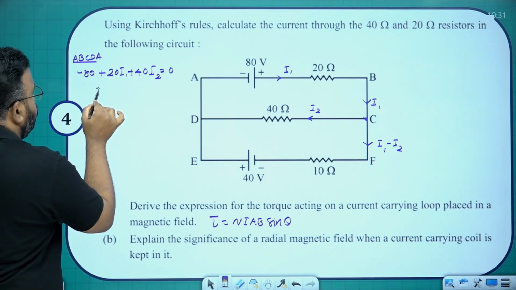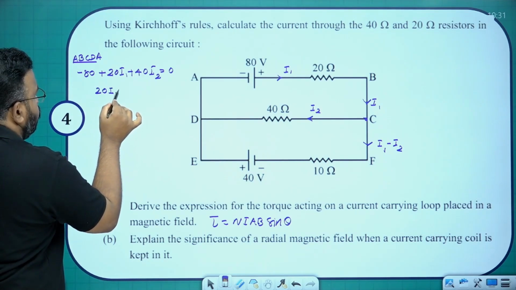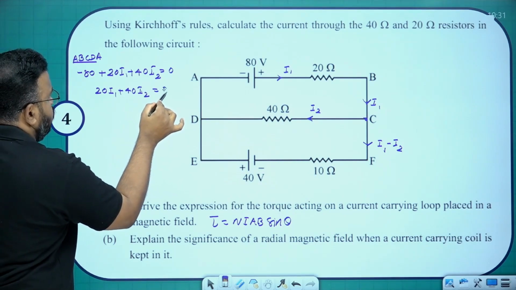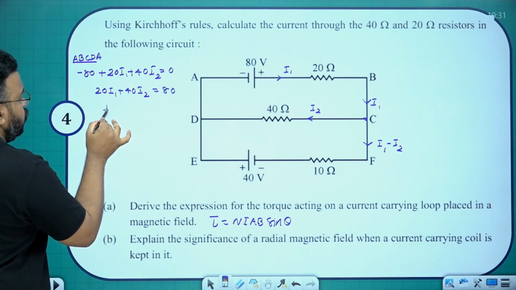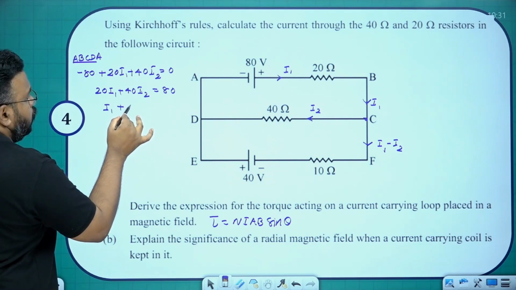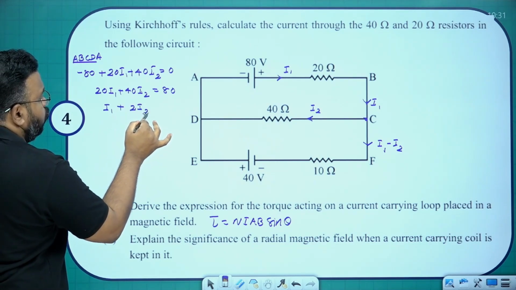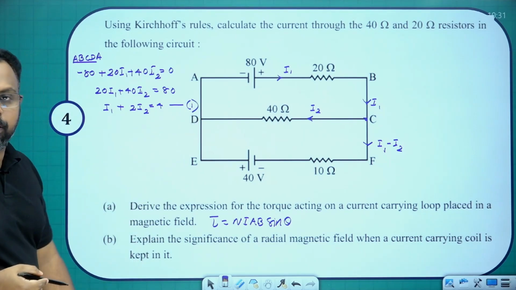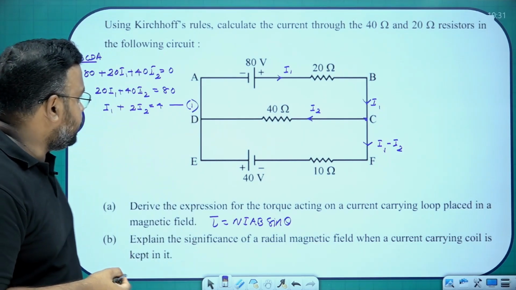Or this I can write as 20 I1 plus 40 I2 is equal to 80. I can divide by 20, so I get a very simple equation. I1 plus 2 I2 is equal to 4. Take it as equation number 1. I think that's clear.